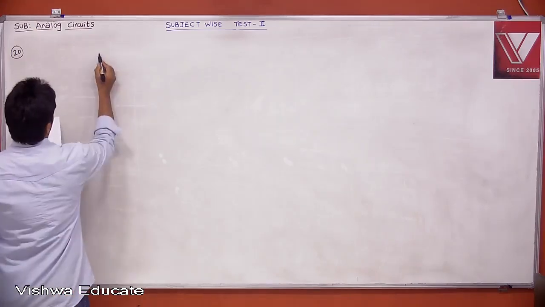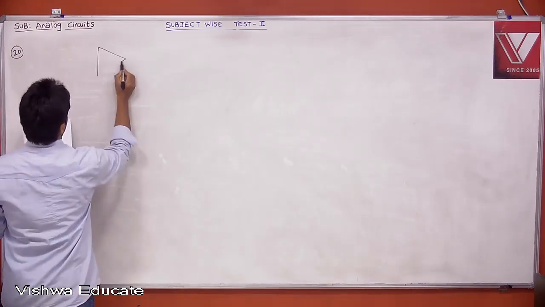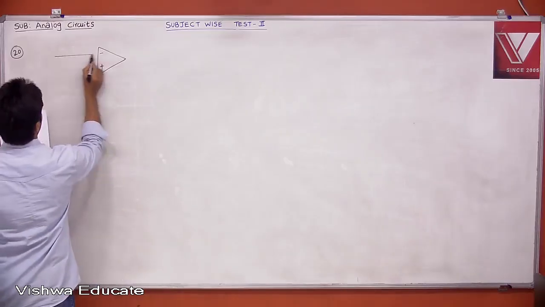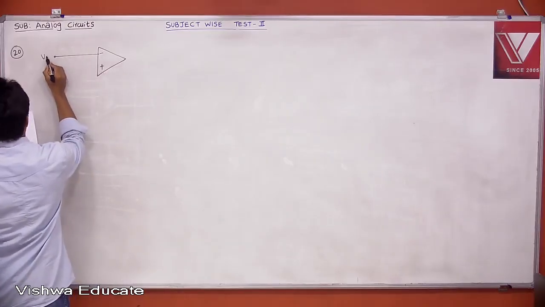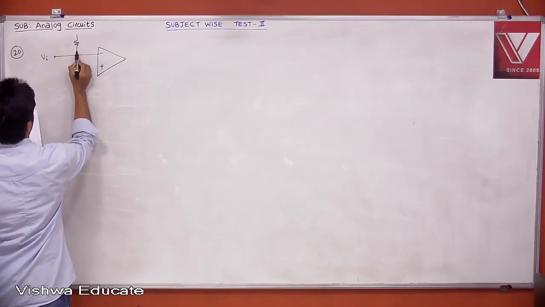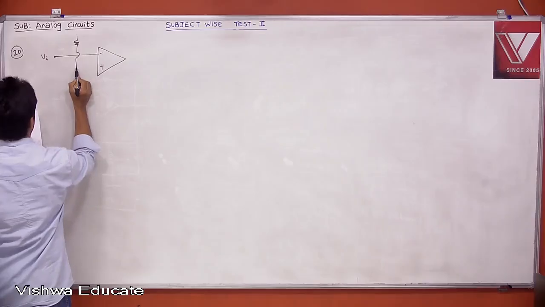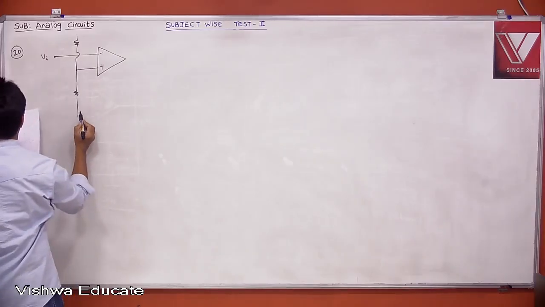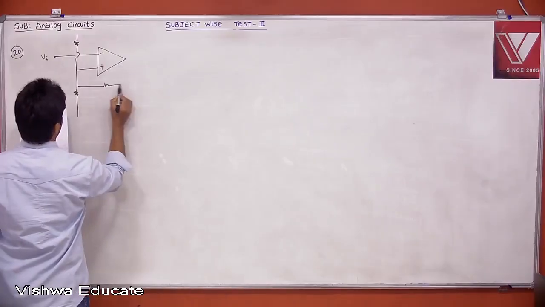Okay. The problem is: minus, plus. This is your VI. This is 10K.